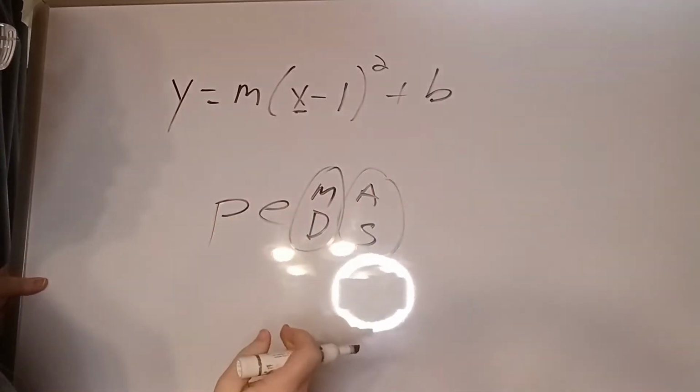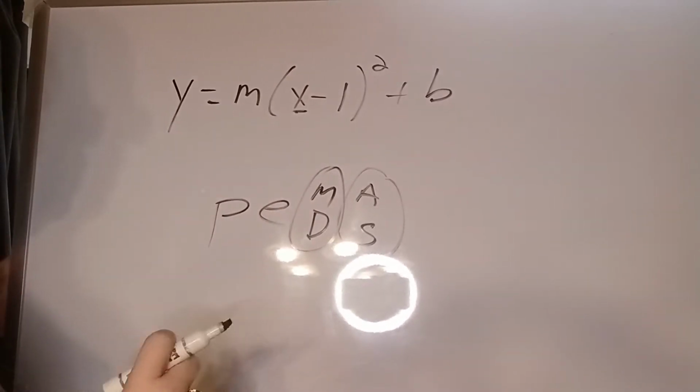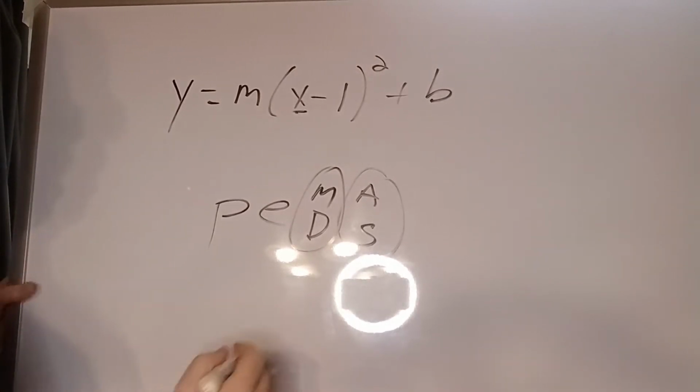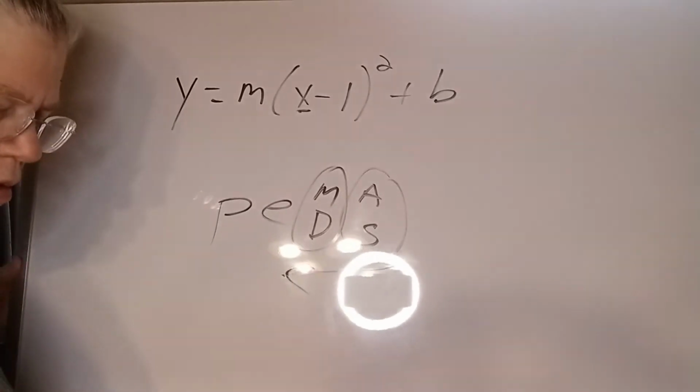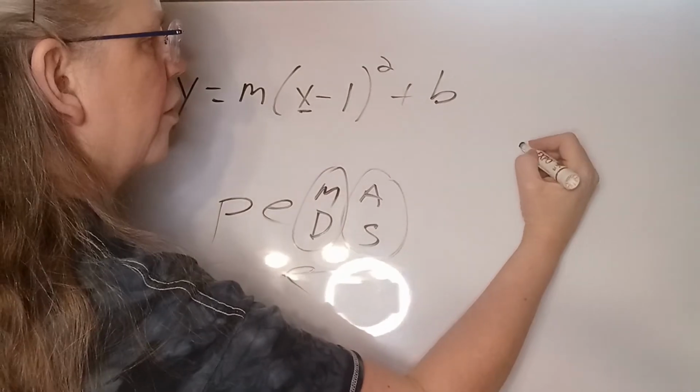Subtracting is just adding a negative number. And the same is true with multiplication and division. Division is just multiplying by a fraction. What we're going to do is use this and go backwards.